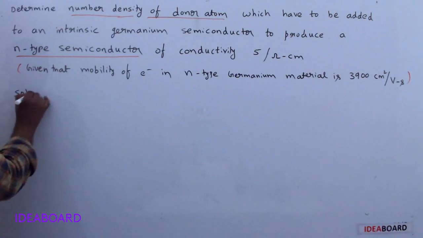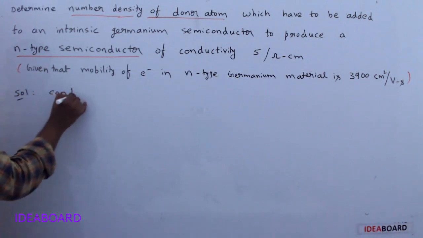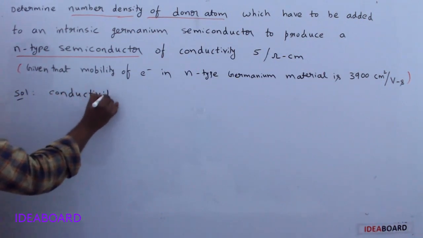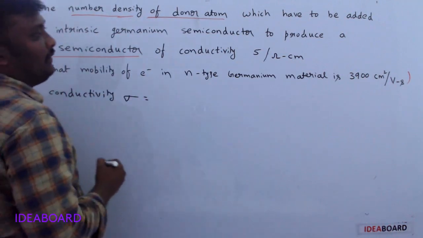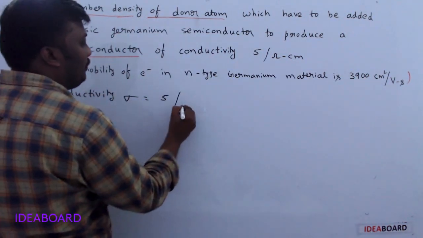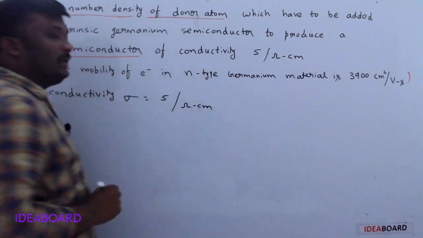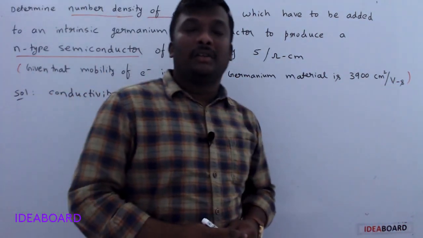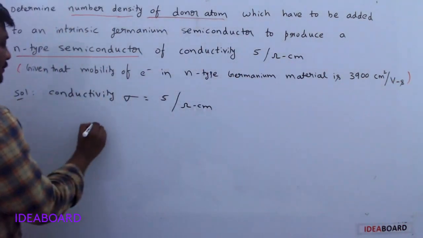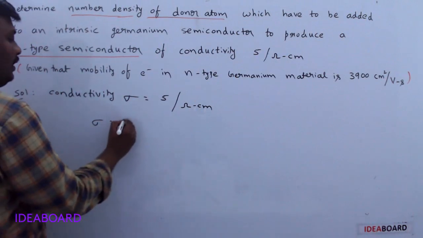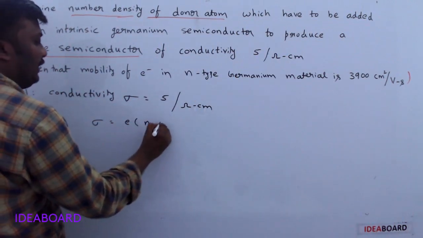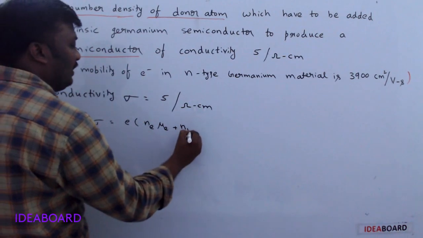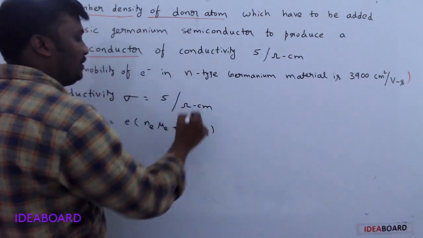Conductivity symbol is sigma. The conductivity sigma value is given as 5 per ohm centimeter, and we know the formula for sigma. Sigma is equal to e into Ne mu e plus Nh mu h.